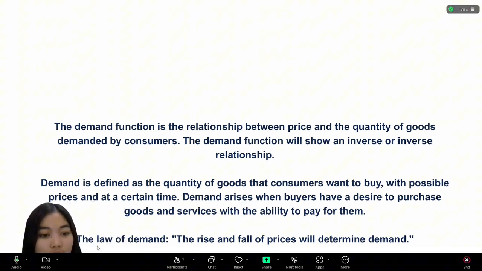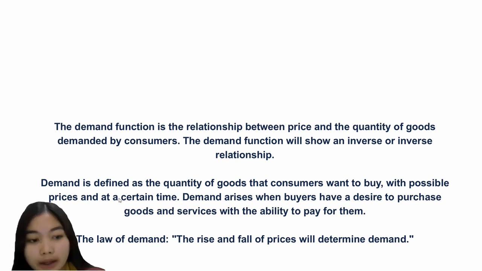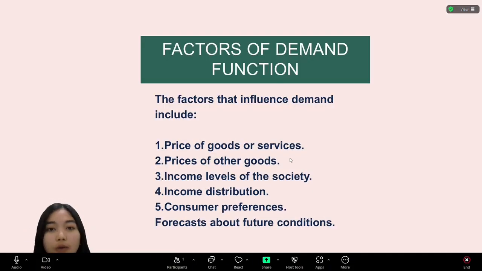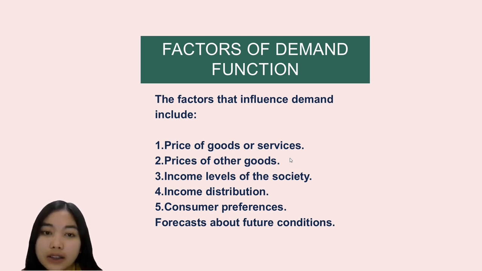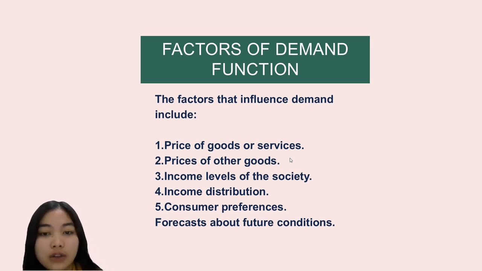The law of demand: the rise and fall of price will determine demand. Factors of the demand function. The factors that influence demand include: number 1, price of goods or service.